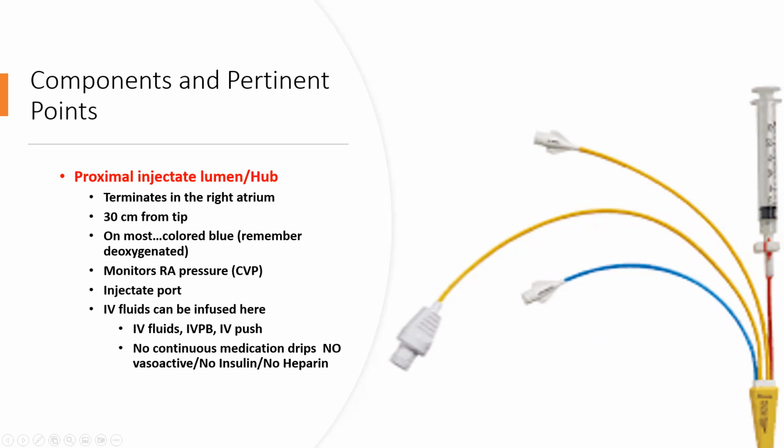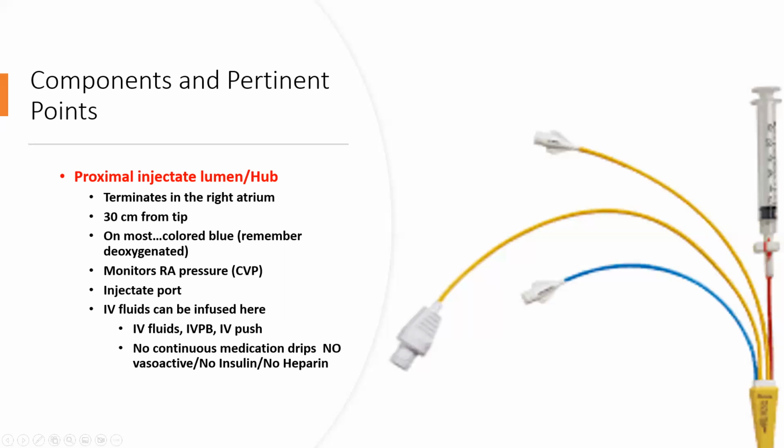One, it could be used for infusion. This port can assess central venous pressure and right atrial pressure. And it could also be used to inject injectate for cardiac output studies.